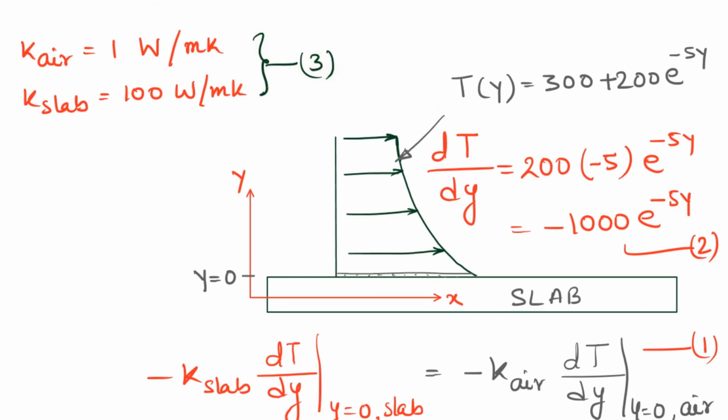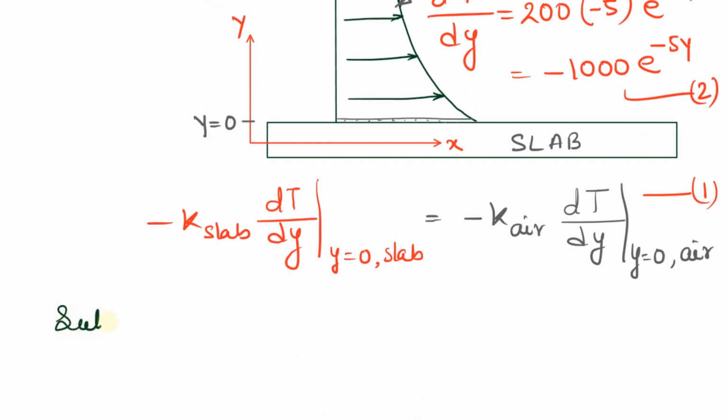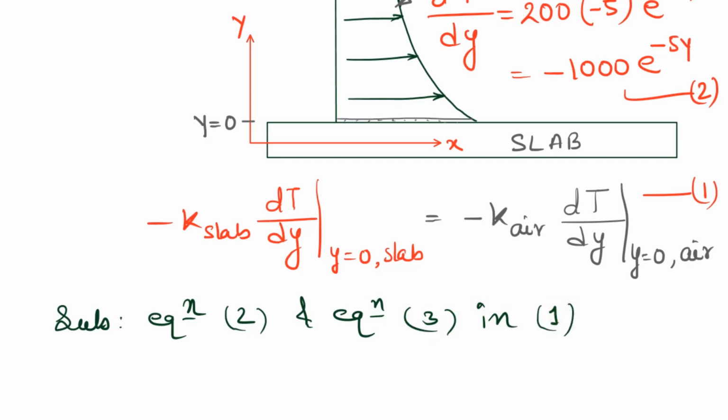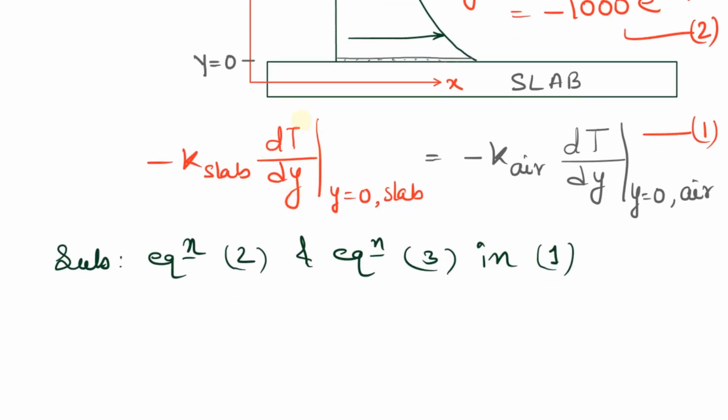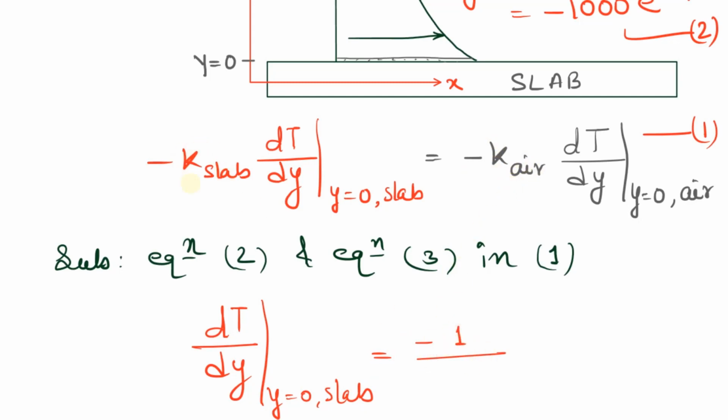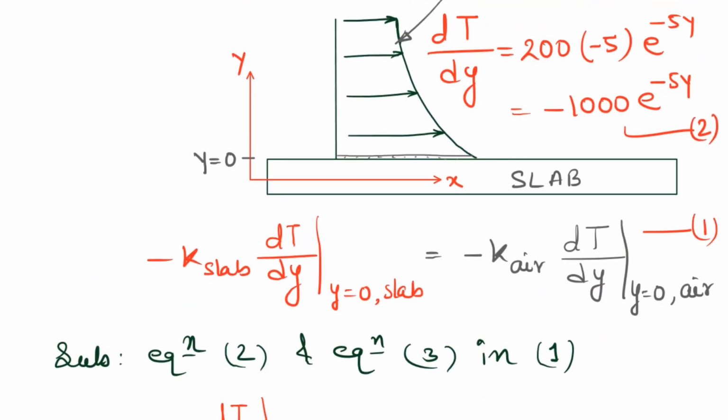Substituting equation number 2 and equation number 3 in equation number 1, from here we can calculate dT by dy for the slab. So dT by dy at y equal to 0 of slab is equal to the thermal conductivity of air, which is given as 1, divided by k slab, that is 100, multiplied by dT by dy at y equal to 0 for air.